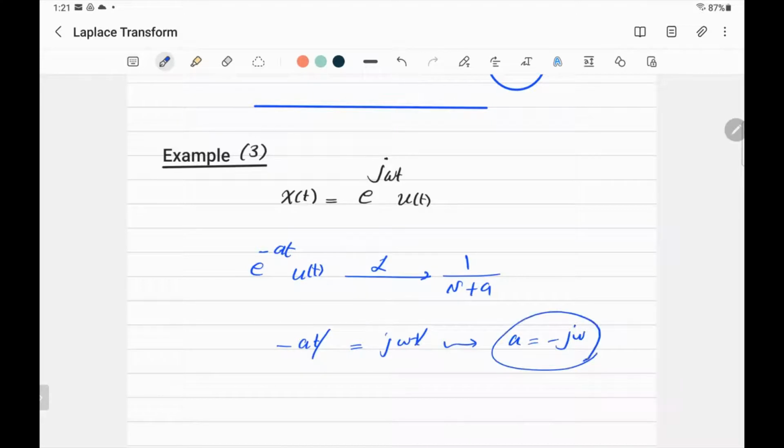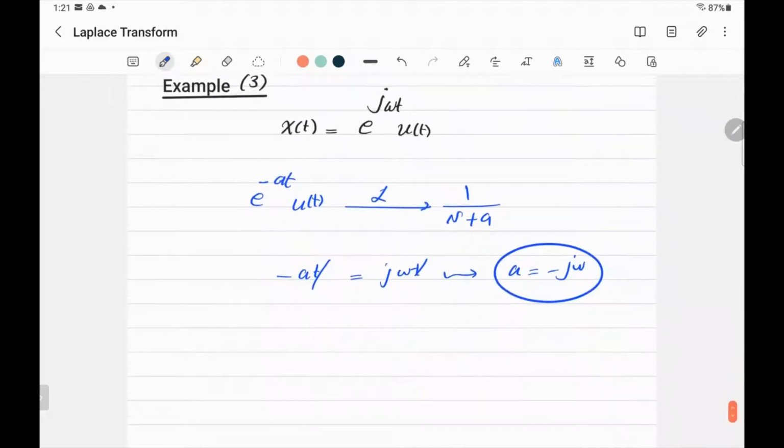Replace a by minus j omega in the result. Now I can say the Laplace of e to the power of j omega t u(t) equals 1 over s minus j omega. That would be the answer.